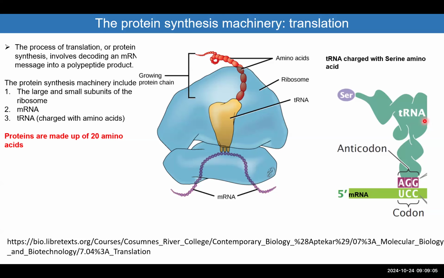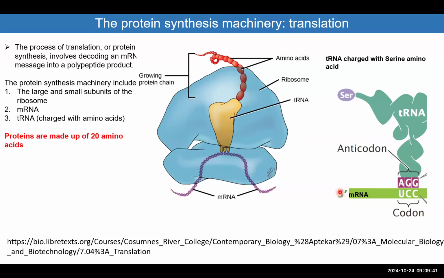In other words, if I have a messenger RNA, and this is one of its codons, then in order to translate it into an amino acid, I would need a transfer RNA that holds serine on one side and, on the other side, the anticodon that is complementary to the messenger RNA codon.